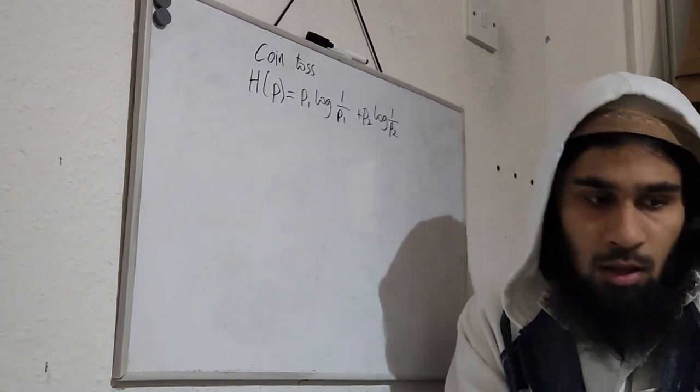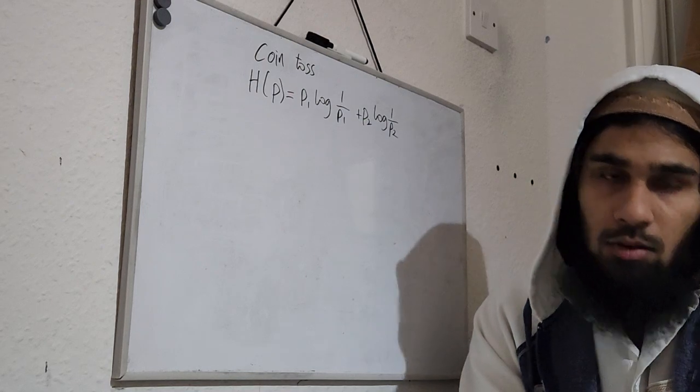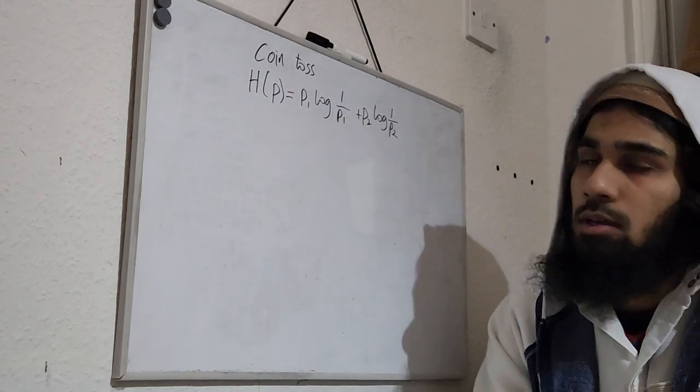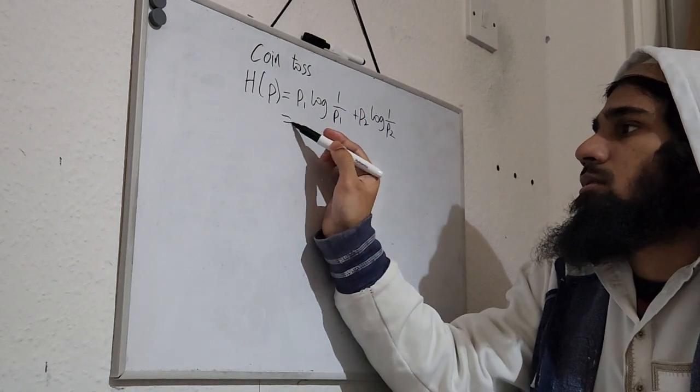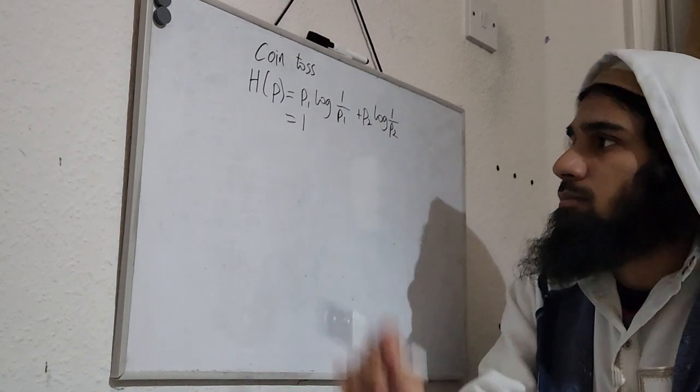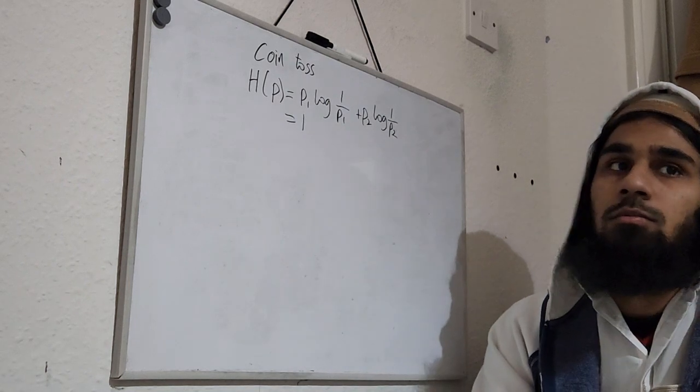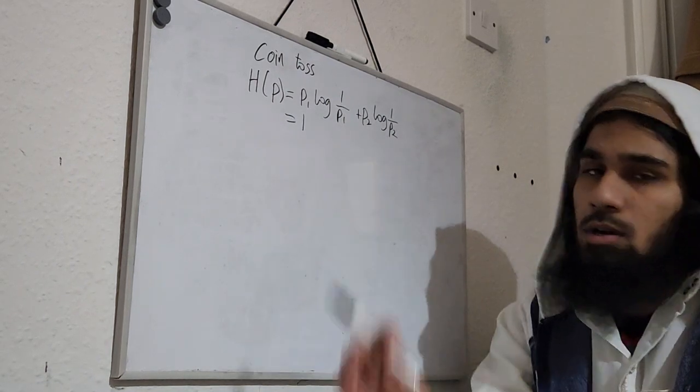The probability P is 0.5, these two are the same, and the answer is 1. So the entropy of a coin toss is 1.